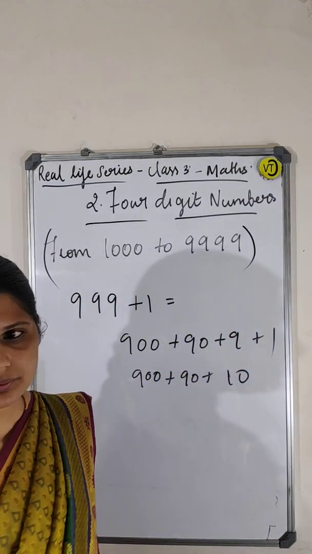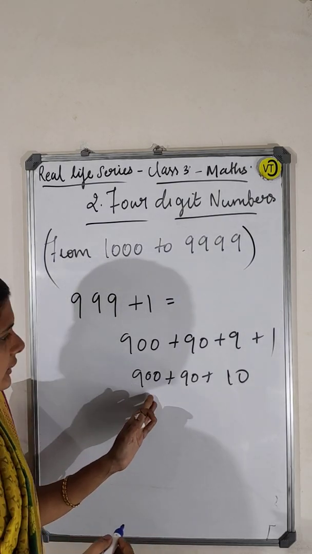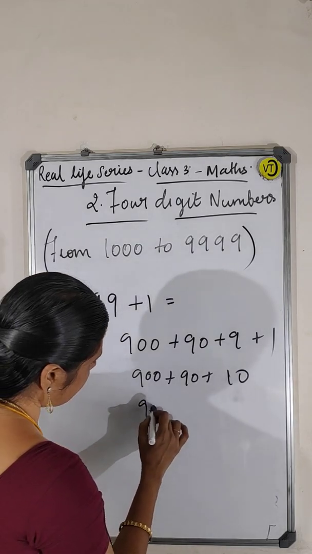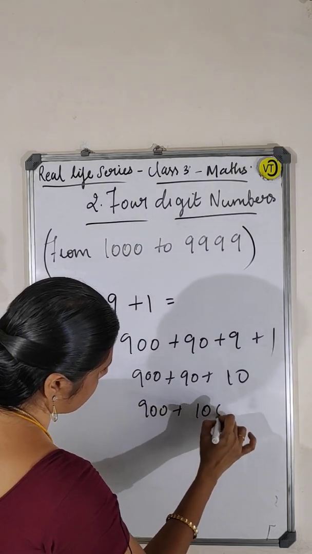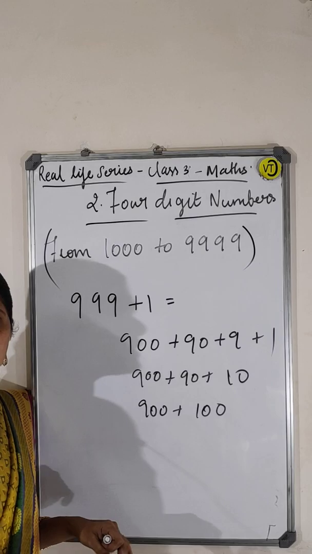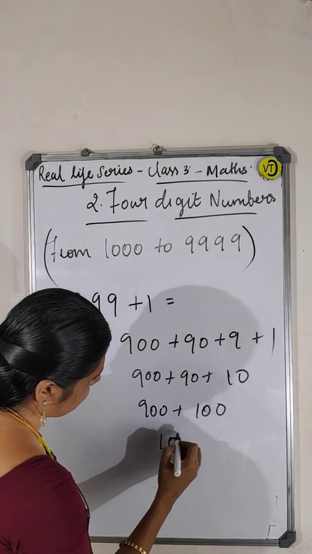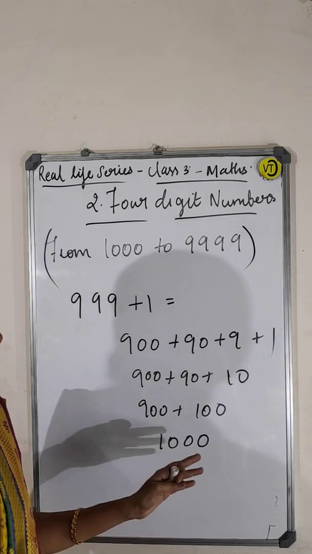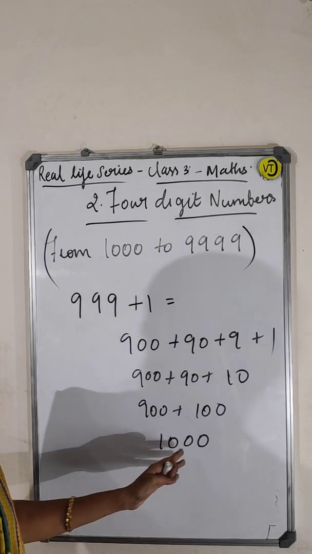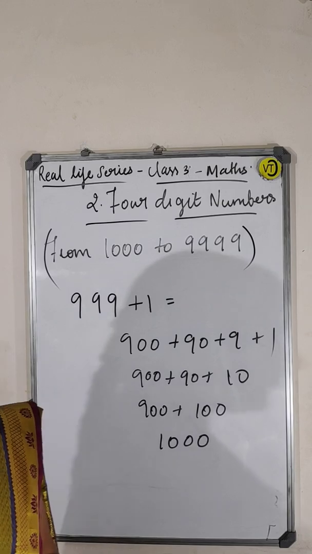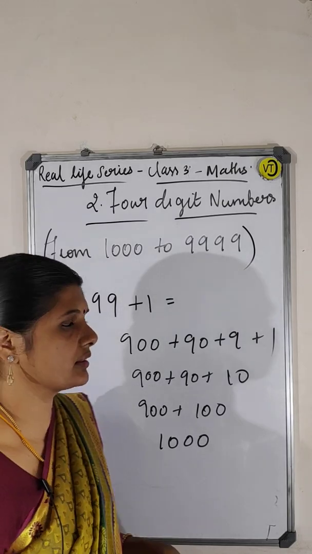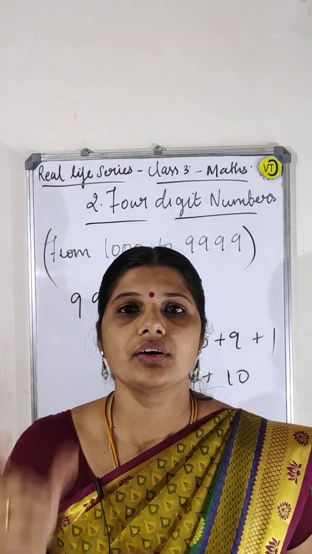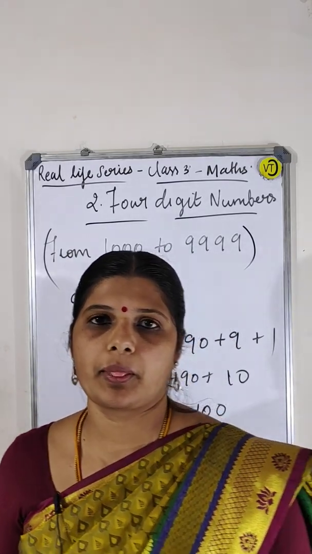So 900 plus 90 plus 10. 90 plus 10 is 100. 900 plus 100 is 1000. It will be 10 hundreds, and 10 hundreds we can call 1000. So 1000 is the first 4-digit number.